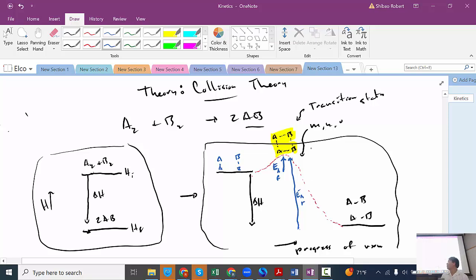So when I look at the forward, it has to climb this little hill, but if I try to go backwards, it's got to climb this gigantic hill here. It's EA reverse. Most of it's going to stay down here. What is EA? EA is the activation energy. We call it the activation energy.